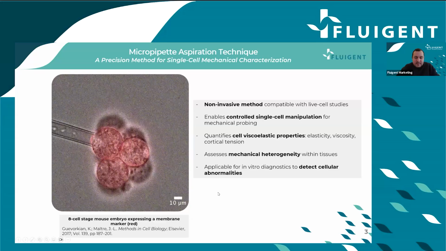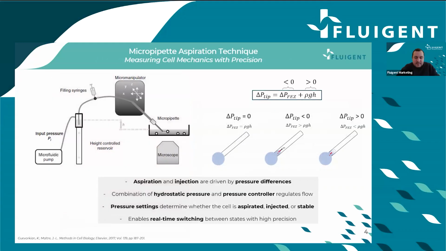However, to unlock the advantages of this technique, micropipette aspiration usually is based on the total pressure at the pipette tip, which comes from two components. The first one is the hydrostatic pressure, which is set by the height of the liquid reservoirs, providing a stable baseline for the flow, and the pressure controller, or the microfluidic pump, which can fine-tune the pressure applied to the cell for suction or pushing.